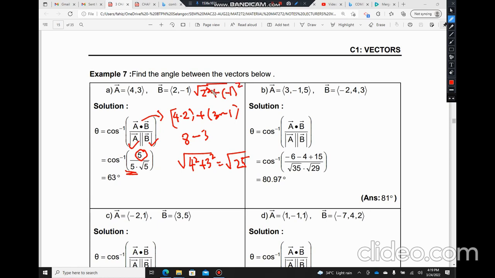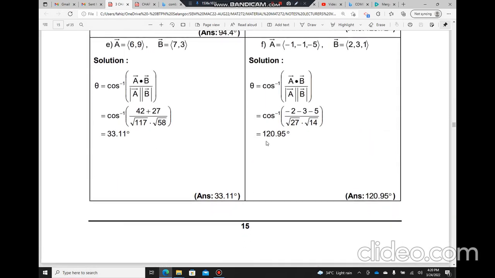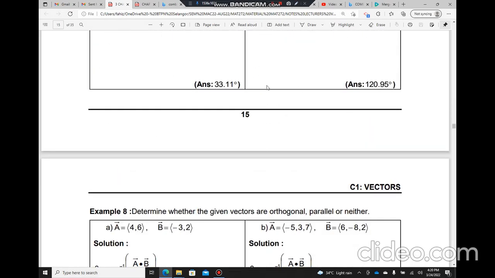So 4 tambah 1 dapat 5, ataupun square root 5. So kira masukkan dalam calculator. So dapat cos inverse 5 over 5 square root 5 equals to 60 degree. Sama juga dengan B, C, D, E, F. So yang ni semua nak cari angle.